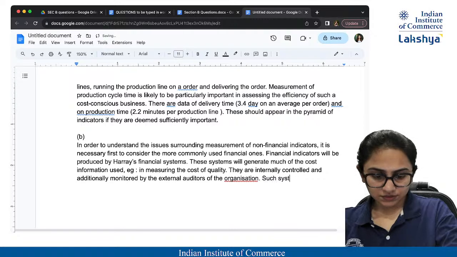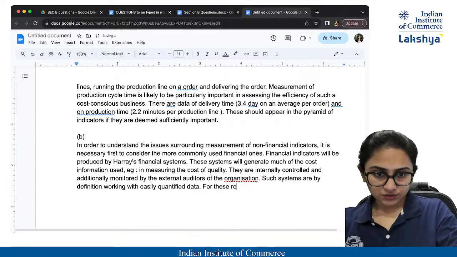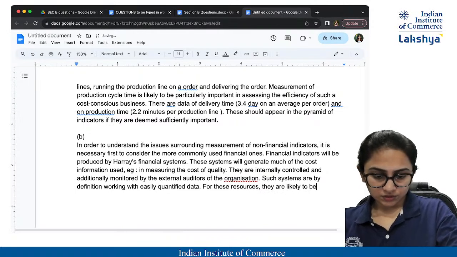Such systems are by definition working with easily quantified data. For these reasons, they are likely to be the most reliable data available.